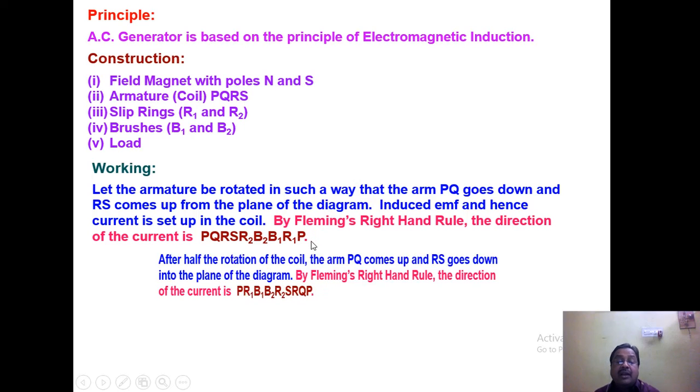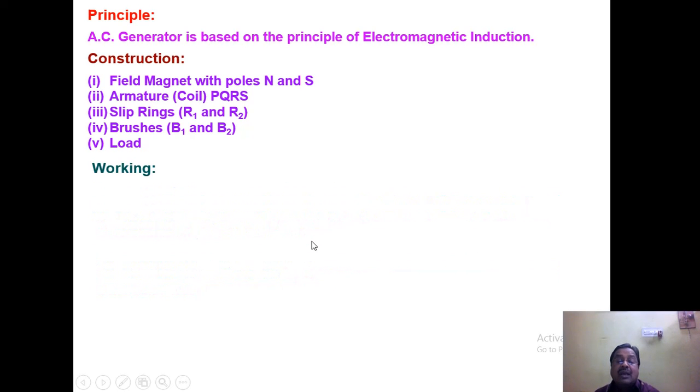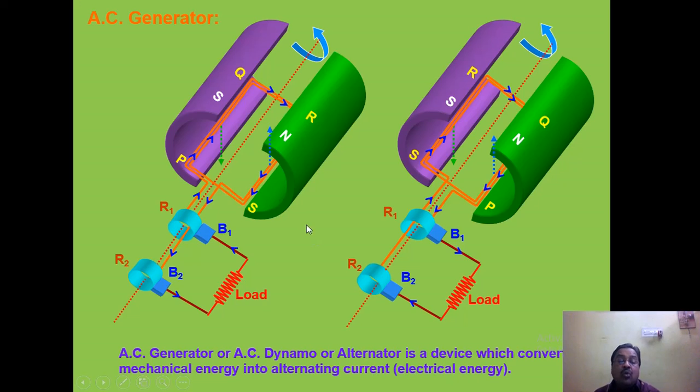How can you find it? You can apply Fleming's right hand rule. When it rotates, PQ goes down and RS comes up. This is the direction.